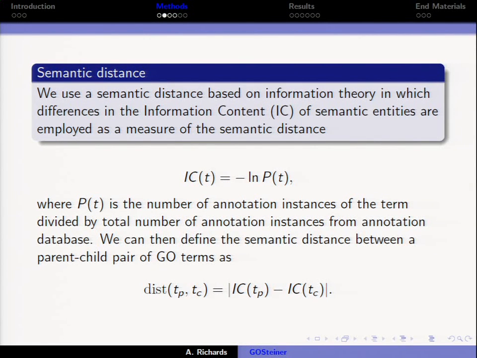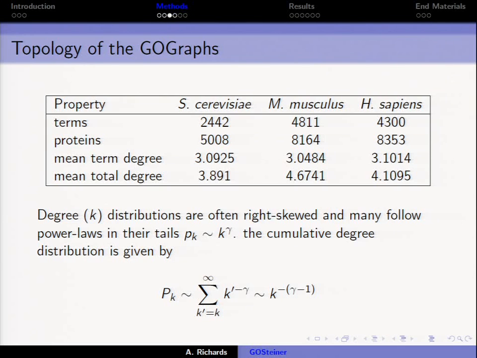For the purpose of this study, we use an information-based weighting. In brief, it is essentially the negative log probability of a term. You look at the differences of the negative log. These probabilities are directly associated with the number of genes that are in the ontology for a given term. So we have the gene ontology construction.